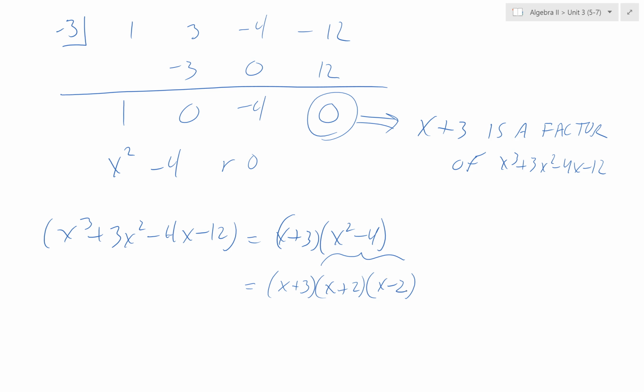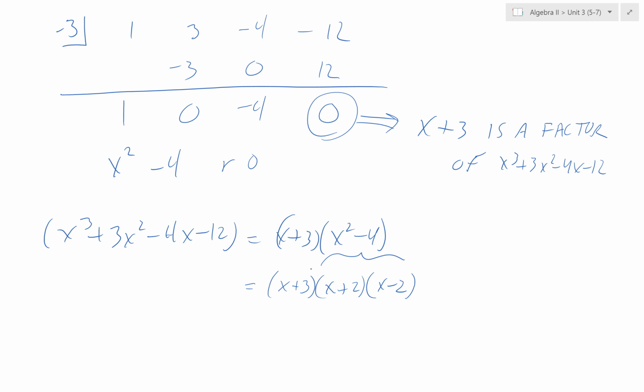So hopefully now you see a connection between what we were doing yesterday, which is factoring polynomials, and what we're doing now with division. If we can divide and get a remainder of 0, we just found a factor. Okay?